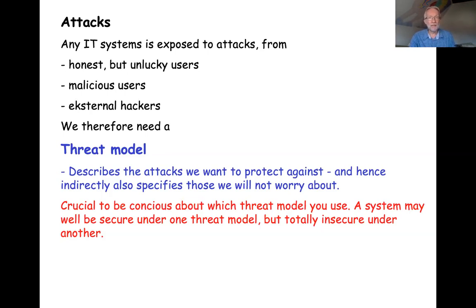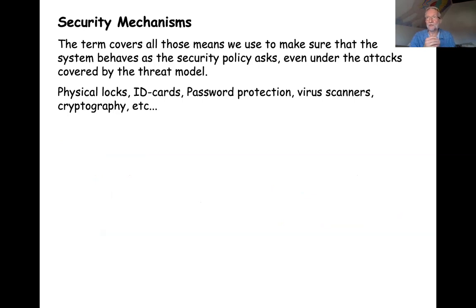So that's about the threat model. And the final ingredient that we need is what's called security mechanisms. This means once we have decided what the goal of our system is, what the security objectives are, which attacks we are going to worry about, then what are we going to put into the system, which tools are we going to use in order to make sure that it really behaves according to the security policy, even under those attacks that we have specified.